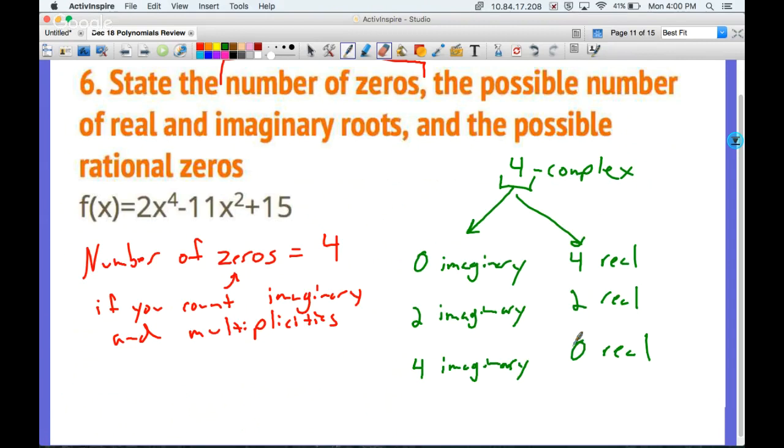So sometimes I'll ask, if I have a 3rd degree polynomial and I already know I've got these 2 different imaginary roots or something like that, if I can fit another root in. Well, let's say it's a 3rd degree.